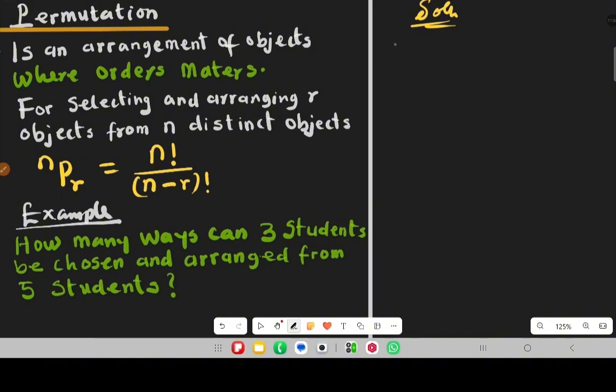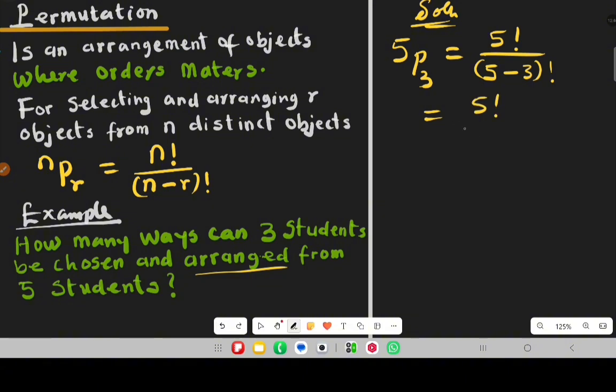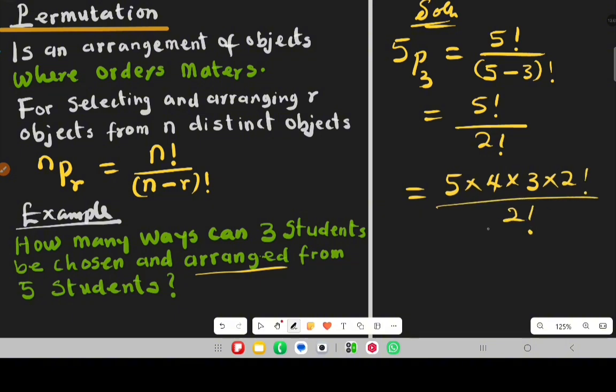Solution, this is 5 permutation 3, which is equal to 5 factorial over (5 minus 3) factorial, which gives us 2 factorial. 5 factorial means 5 times 4 times 3 times 2 factorial, all over 2 factorial. 2 factorial cancels 2 factorial, left with 5 times 4, which gives us 20, 20 times 3, which gives us 60 ways as the answer.